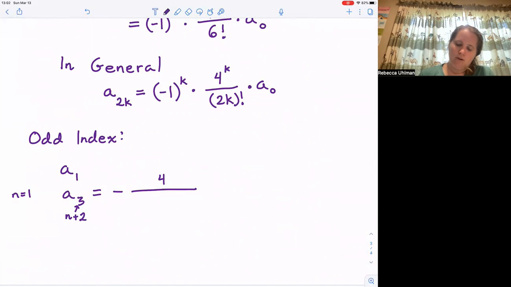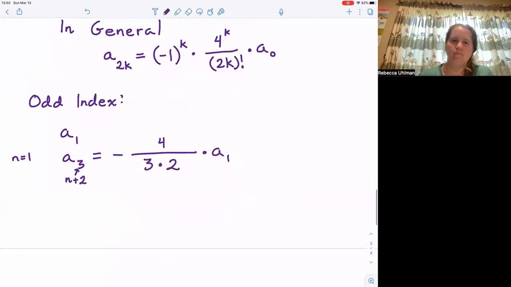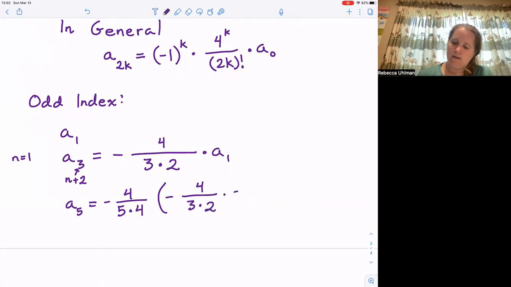So n plus 2 would be 3, n plus 1 is 2. And then we're multiplying by a1. A sub 5, we are looking at negative 4 over, here we should do 5 times 4. Then we multiply that by a sub 3, so negative 4 over 3 times 2 times a1.